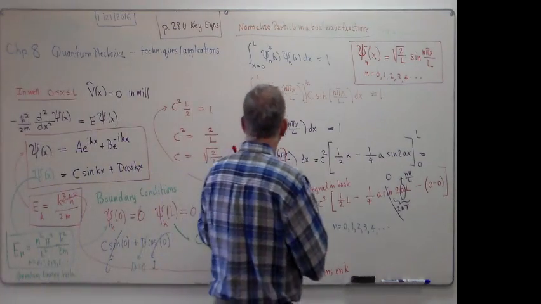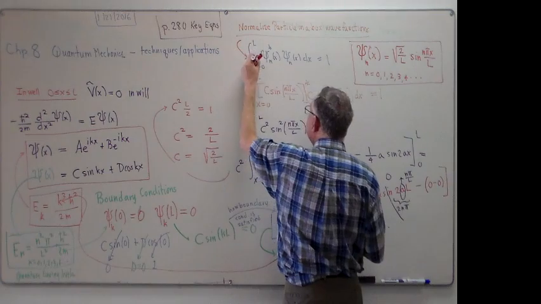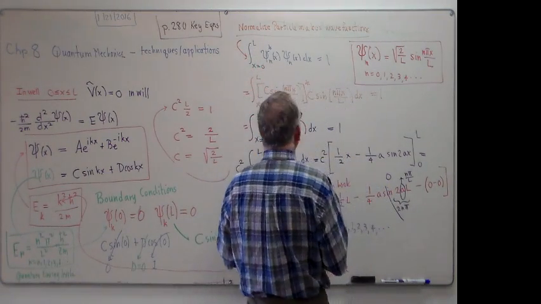So this step is our normalization step, and we go through all these renditions of this to get this result.